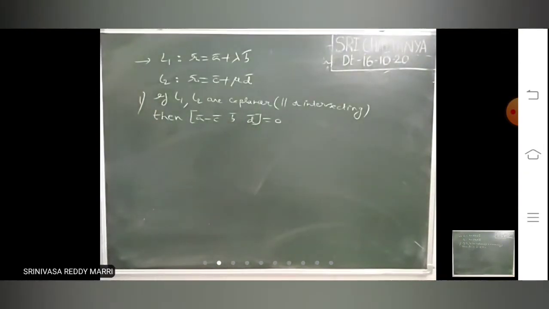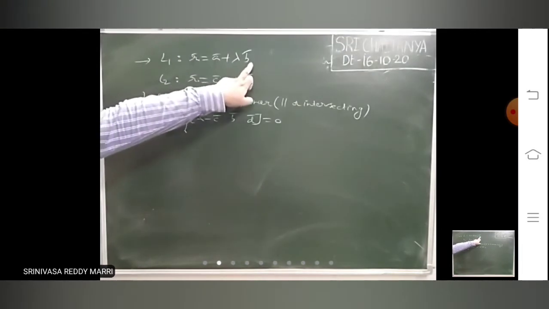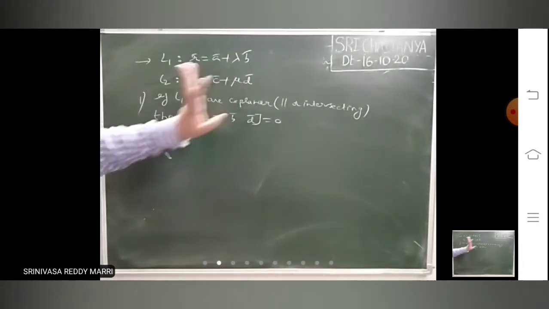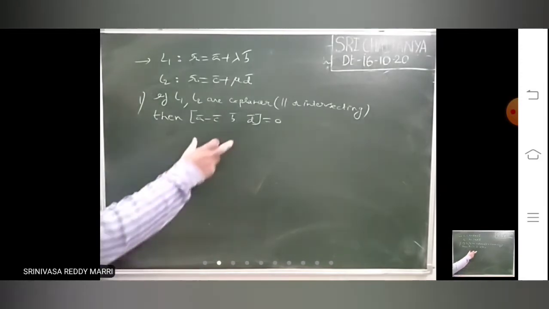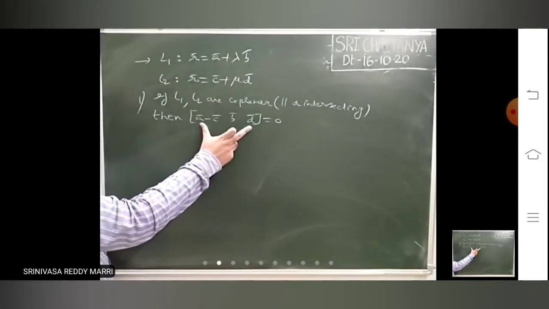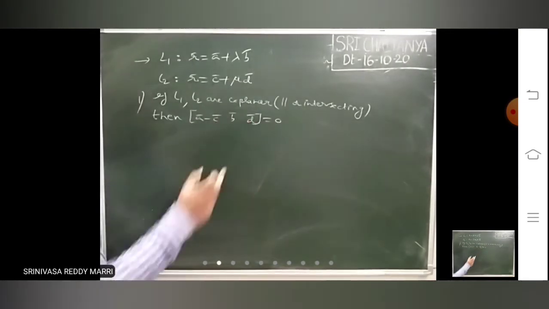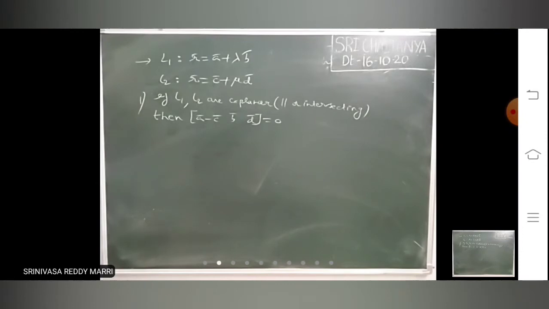The condition is, look, this line is a bar plus lambda b bar, and this line is c bar plus mu d bar. The lines will be coplanar if this condition is satisfied: box of (a bar minus c bar), b bar, d bar equals 0. Next, I will explain how.